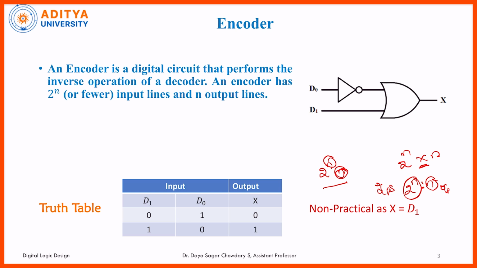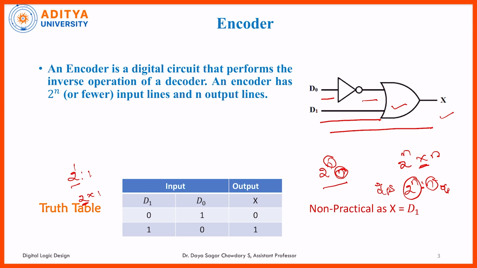Now here is a simple circuit, which has one OR gate. One input is given directly and the other input is given with the help of one inverter circuit. Finally we get the output x. This is a simple 2 to the power of 1 into 1, that is, 2 multiplied by 1, which means a 2 into 1 encoder.